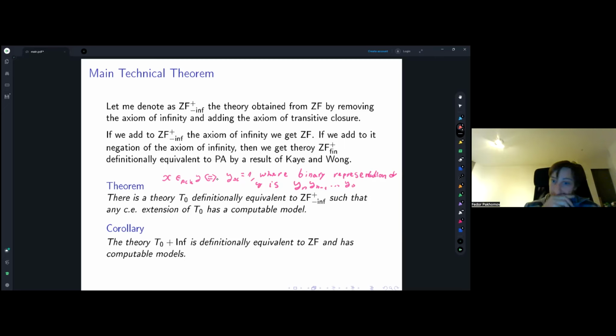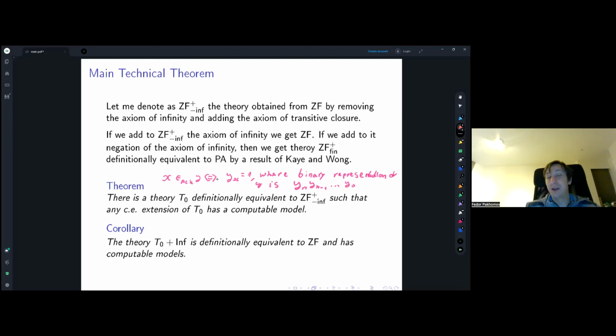Second note: if you go from computably enumerable extensions to arbitrary extensions, it eventually breaks apart. If you are interested in, say, arithmetical extensions, then they're not like this.